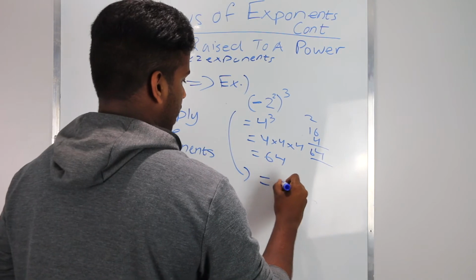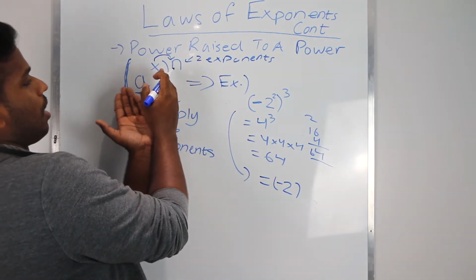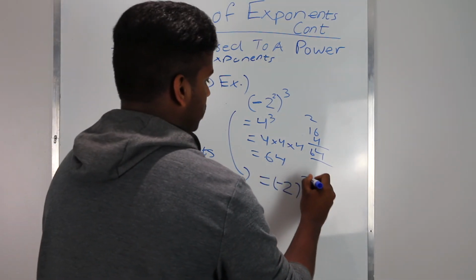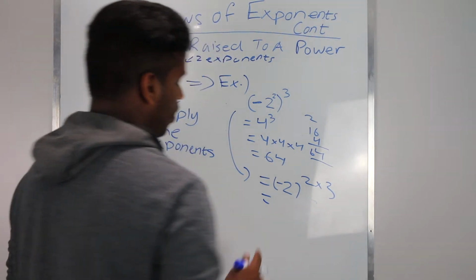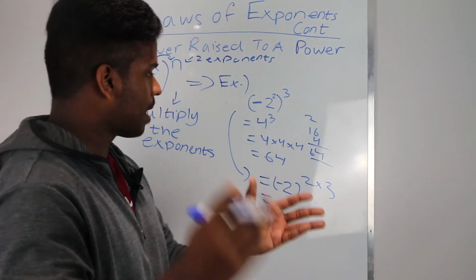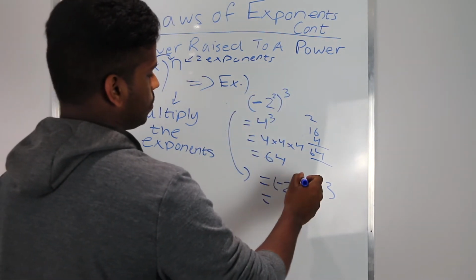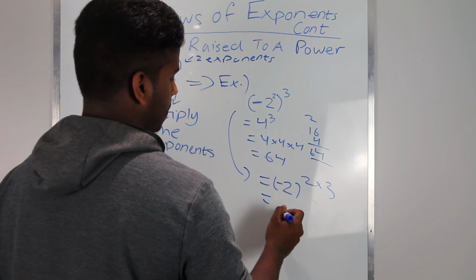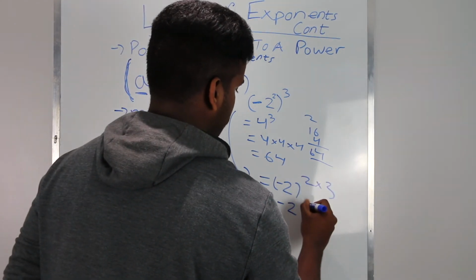Now let's use our laws of exponents. We have one base, -2. As per our laws of exponents, we multiply the exponents since we have one base and 2 exponents. What is 2 times 3? Our 2 exponents are 2 and 3, so -2 to the power of 6.